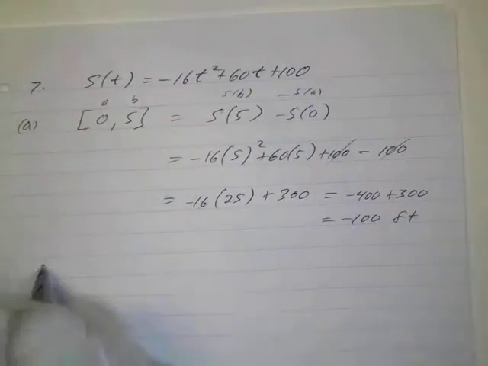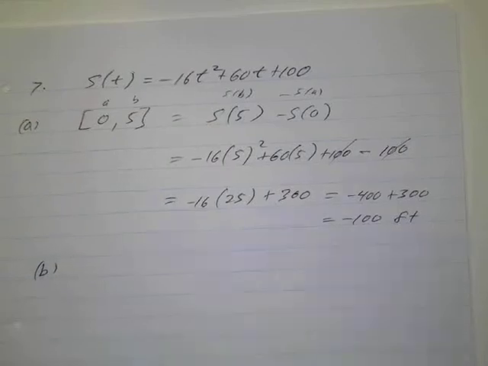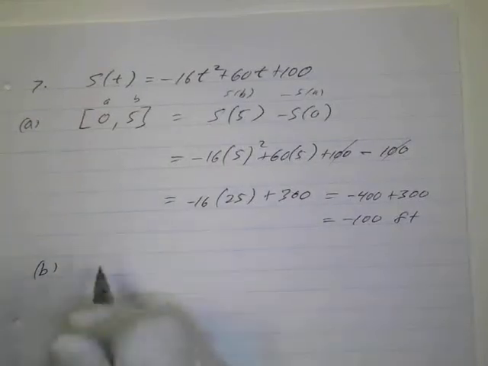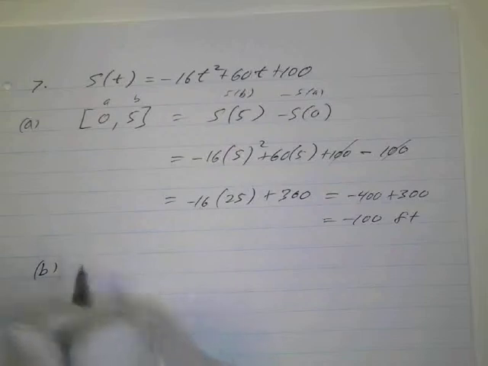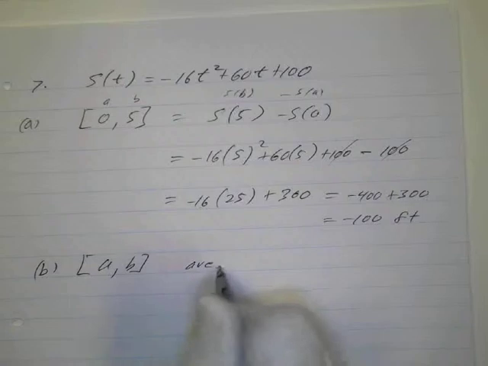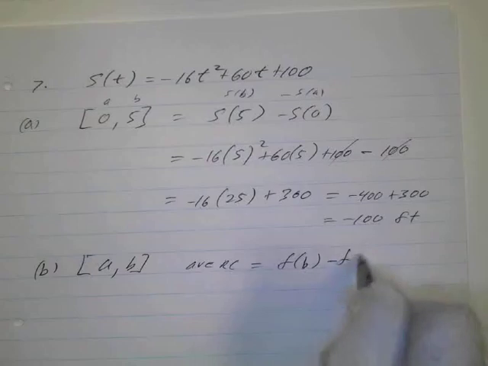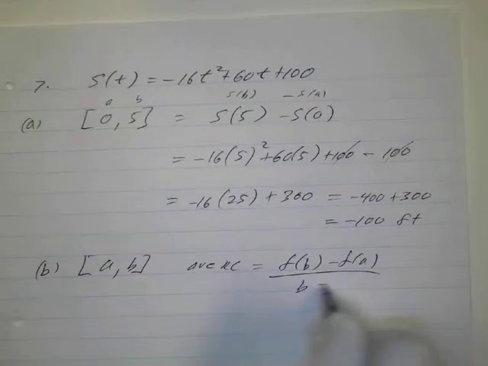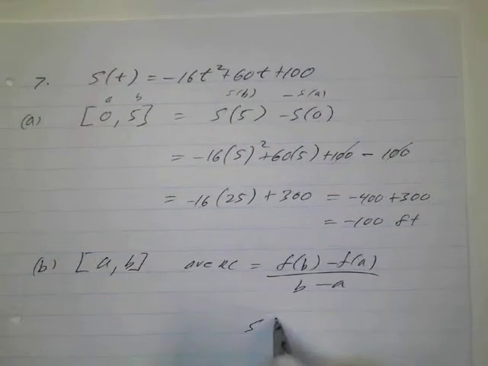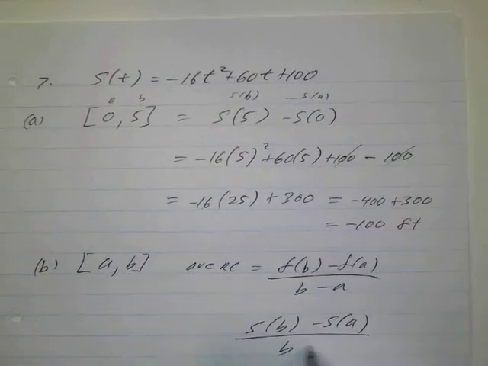Okay, the B part. Find the average velocity during the first 5 seconds. Well, we actually already did part of it, so you can save a little bit of time. The average velocity, or the average rate of change, equals f of b minus f of a all over b minus a, so that's just s of b minus s of a all over b minus a.